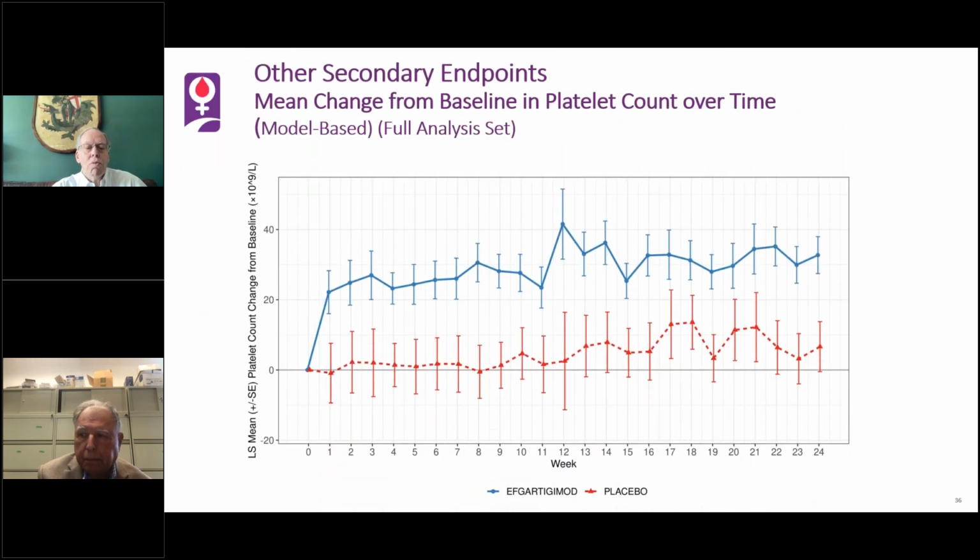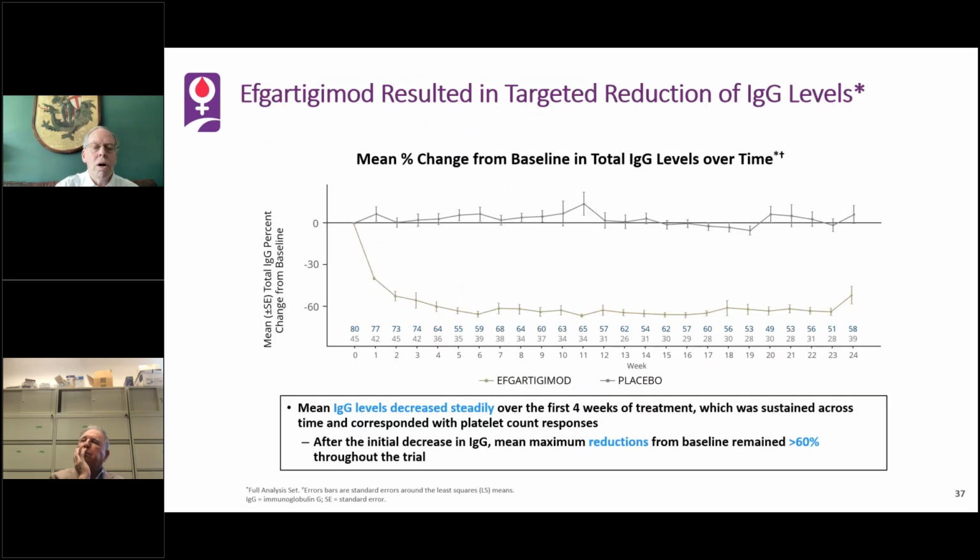I'm going to try to run through some of the other data now. The blue line, as you can see, the platelets, and this is platelet increase, so from less than 30 increasing in general by 20 to 40. The IgG, as is typical in almost all the trials, is decreased by 60% or a little more.